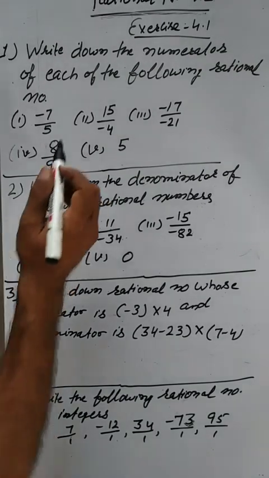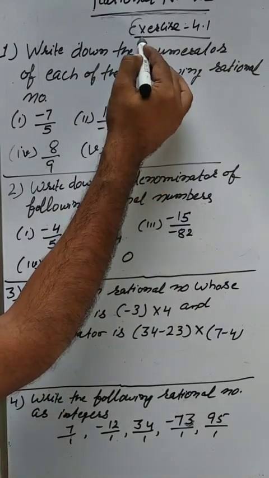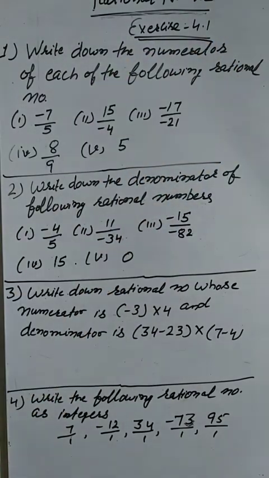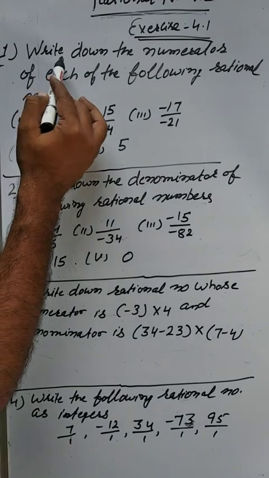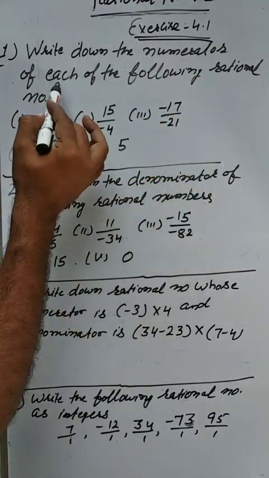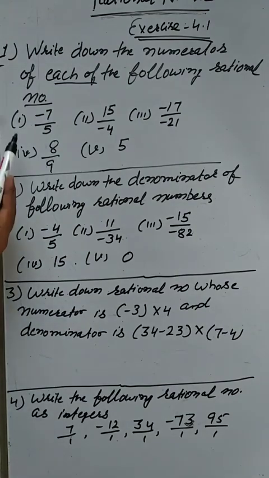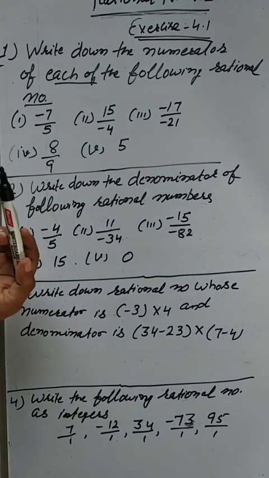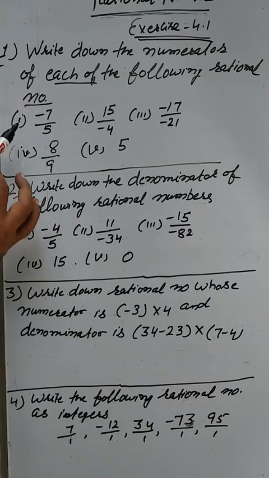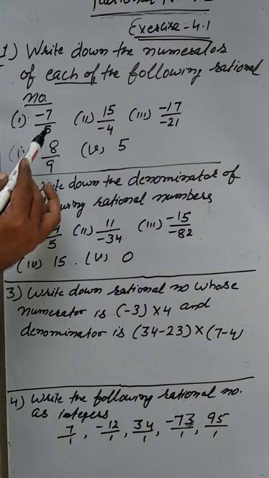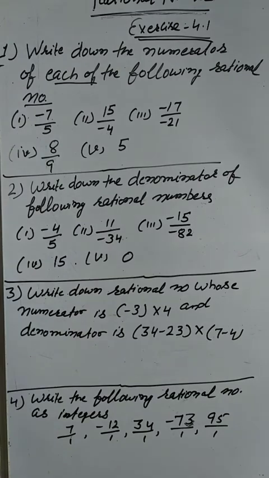Based on the explanation or introduction of rational numbers, your exercise 4.1. Question first. Write down the numerator of each of the following rational numbers. You have to write their numerator. Easily you can identify from the first look here, minus 7 upon 5. What is the numerator here? Clearly minus 7.